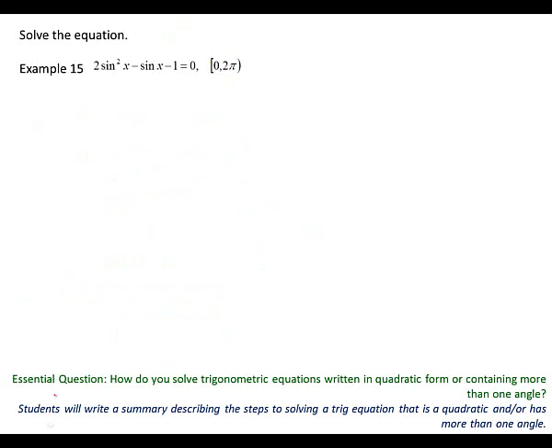We did one like this the other day where we replaced the sines with x's, right? So we've got 2x squared minus x minus 1 equals 0. Do we know what to do with that? Yeah. What do we have to do? Magic X. Good old magic X. So two numbers that multiply to negative 2 and add to negative 1.